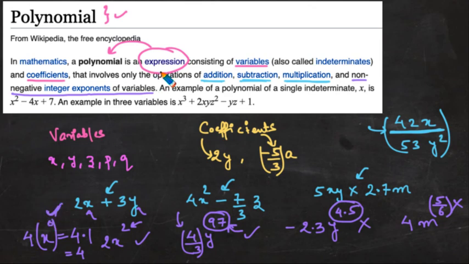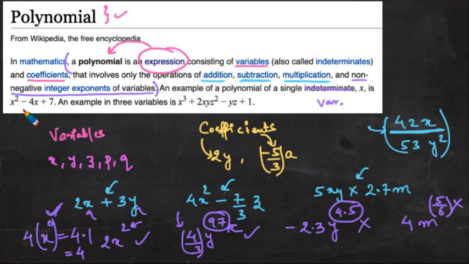So I hope this definition of polynomial is clear now. Let us see some examples. An example of a polynomial of a single indeterminate, or rather let's call it a variable to make things easier, of a single variable x is x squared minus 4x plus 7. It satisfies all the criteria mentioned here.